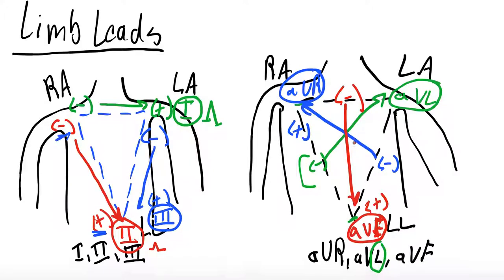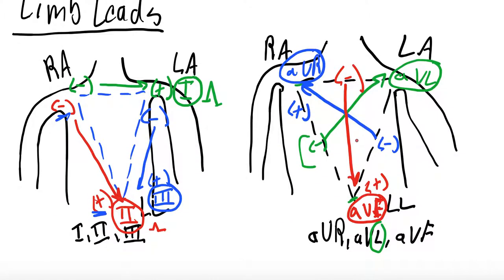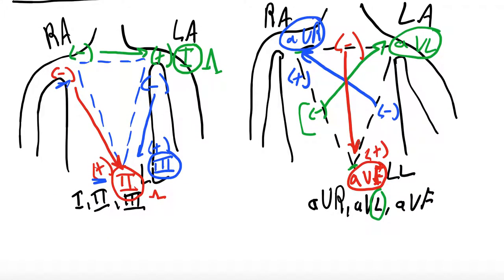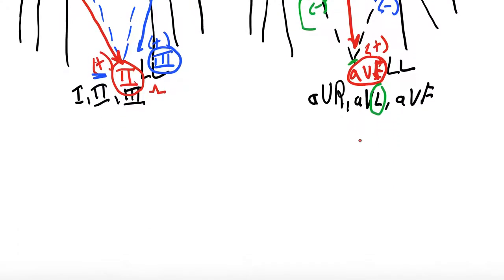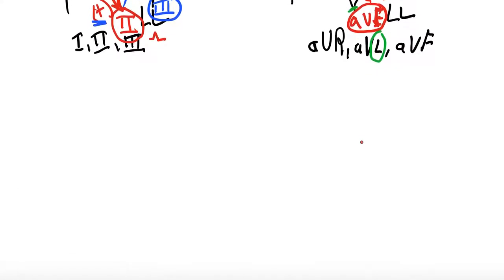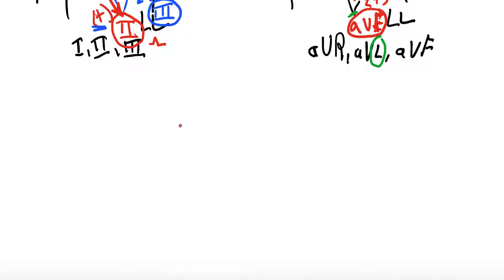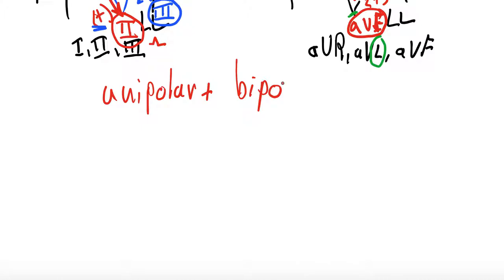Okay, so all that confusion essentially just leads to this next moment, and I'm going to scroll down. That moment is that we are going to combine both the unipolar plus the bipolar leads into a less confusing picture.